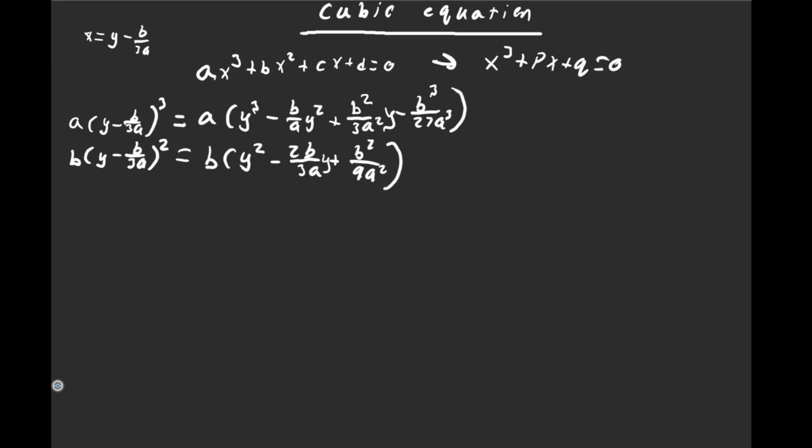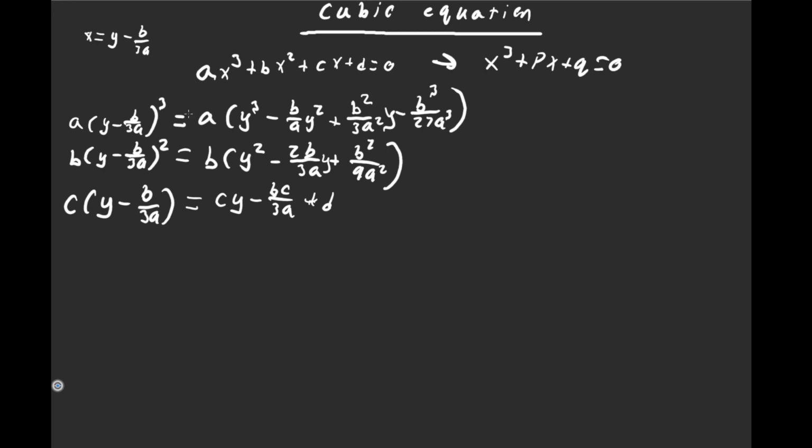And now we can do the c term, c times (y minus b over 3a), which gives us cy minus bc over 3a, plus d, of course, since we need to add d to keep the equation as it originally is.